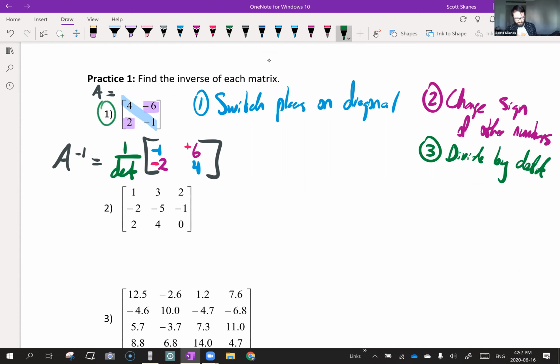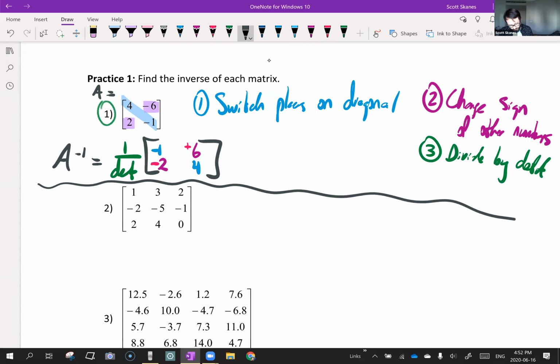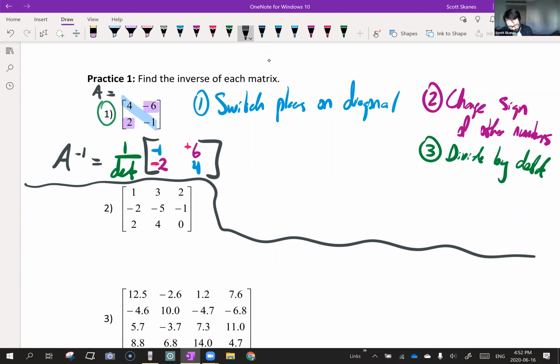I don't know if these colors are helping or not, but hopefully it's at least somewhat clear. I changed the places on the diagonal, I changed the signs of everything else, and I'm going to divide by the determinant. I haven't gotten the determinant yet, so I'll write it down here.